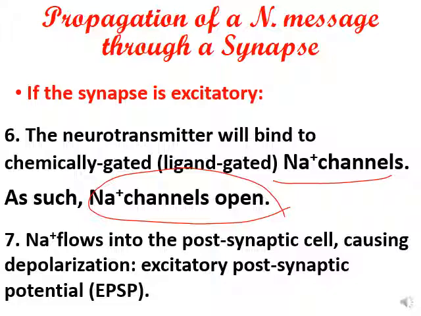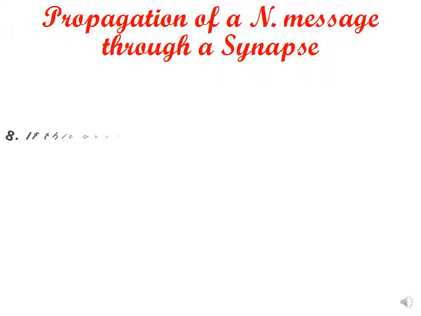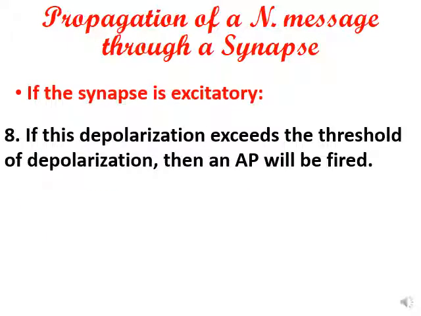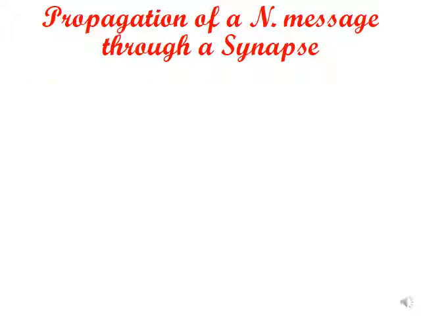So it's called EPSP, excitatory postsynaptic potential. If this depolarization exceeds the threshold, then an action potential will be generated.